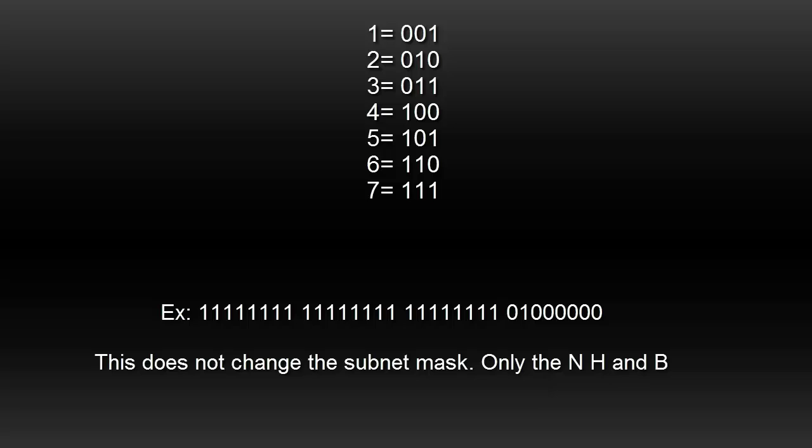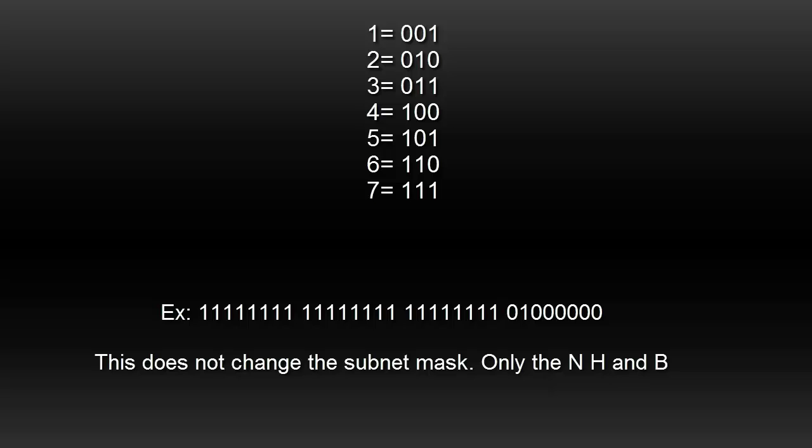So the furthest right of the 3 bits would be 1. For 2, in the example it's 0, 1, 0, and so on and so on. So the last octet, the first 3 bits on the left side, that's what we change from one network to the next.